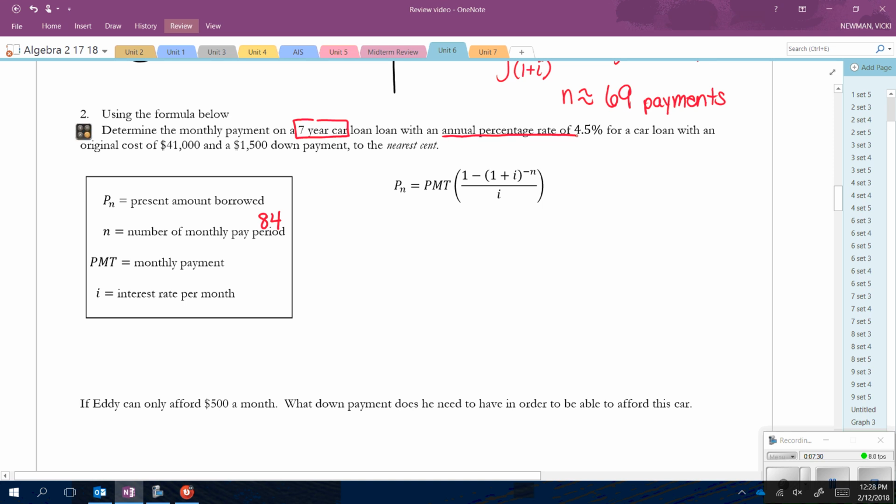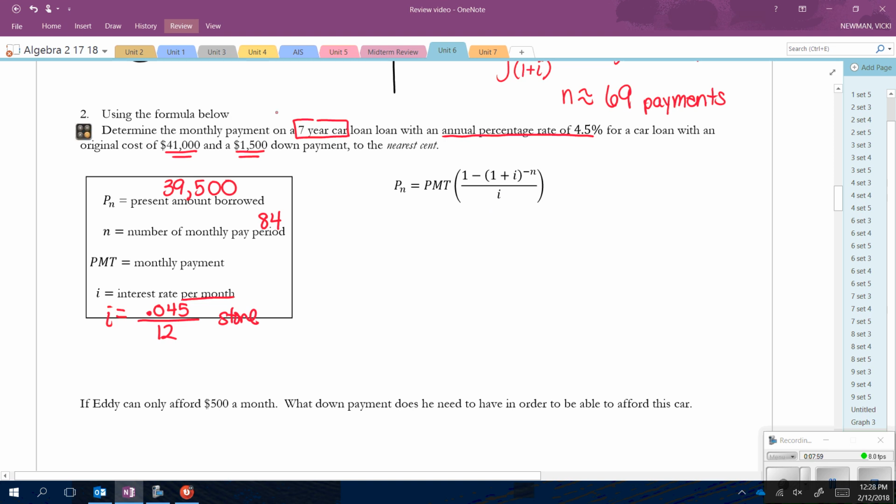Annual percentage, this is per month, so we want to do 0.045 divided by 12. I'm going to store that. Original cost is $41,000 with a down payment of $1,500. So the amount borrowed would just be $39,500.